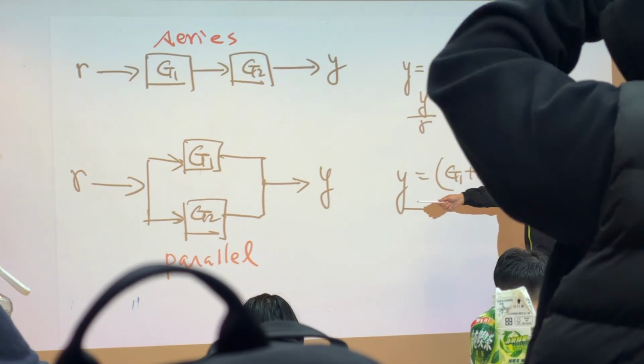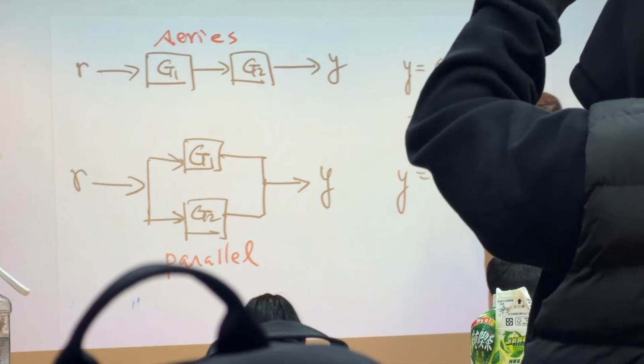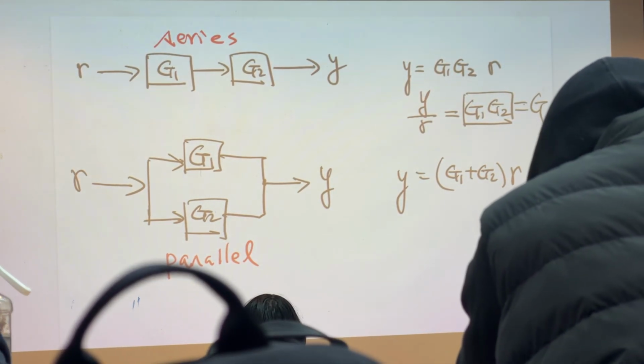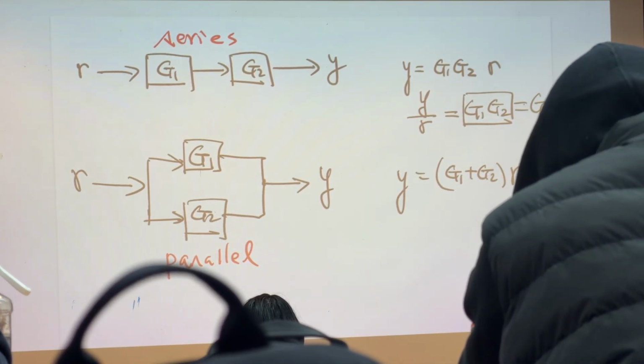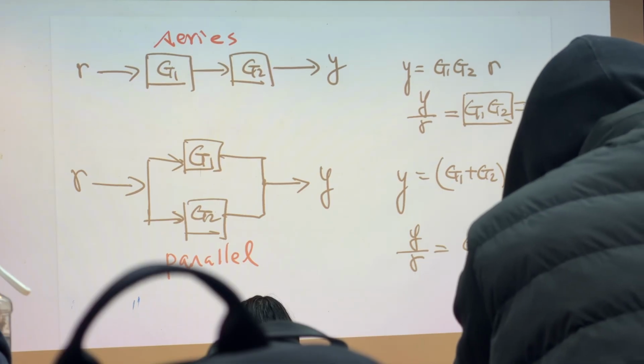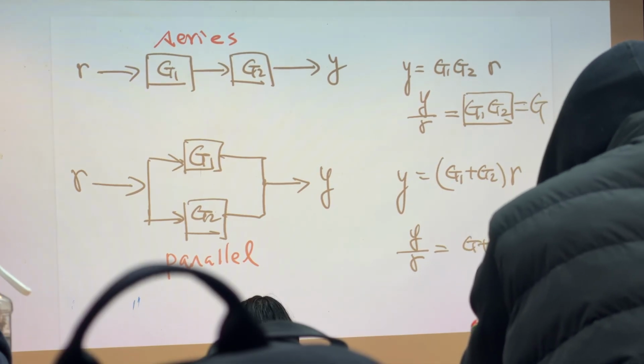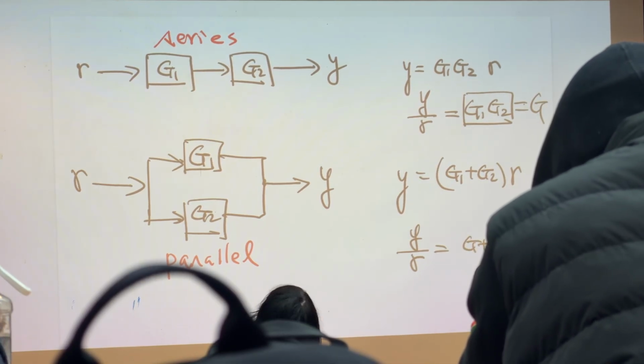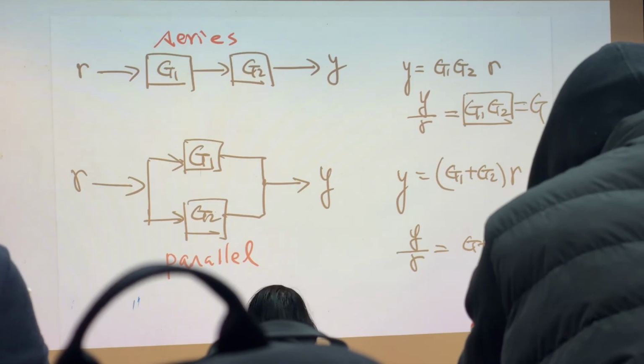And likewise, if it is parallel, then it is G1 plus G2. So y divided by r equals G1 plus G2, okay? This is 串联跟并联, series and parallel.